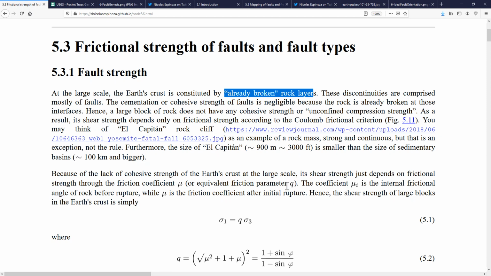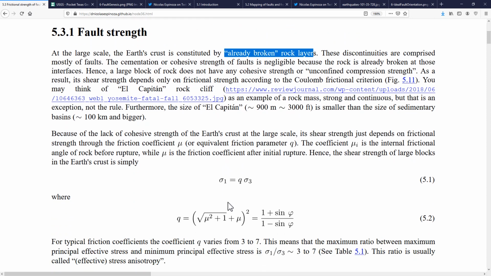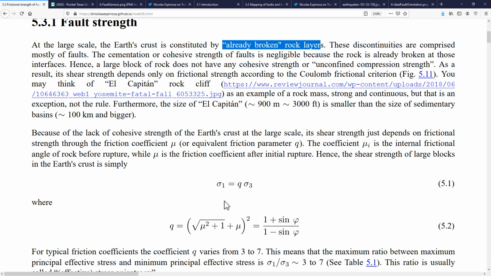We have seen that the shear strength of geological materials is related to the friction coefficient. The shear stress is equal to the friction coefficient times the effective normal stress, which, if you rewrite in terms of the effective principal stresses, ends up with equation number 1, in which the maximum effective principal stress is equal to this parameter Q, which goes from more or less 3 to 7 depending on the value of the friction coefficient.